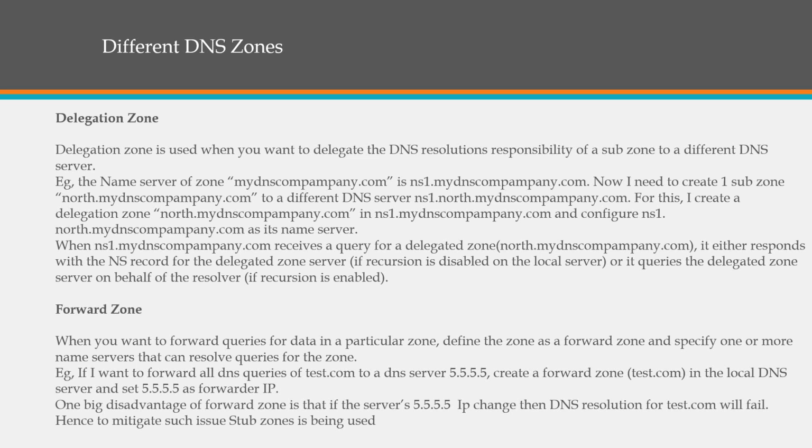For this, I create a delegation zone called north.mydnscompany.com in ns1.mydnscompany.com, and whenever I'm creating a delegation zone, I need to specify the name server of this delegated zone. So that is ns1.north.mydnscompany.com.